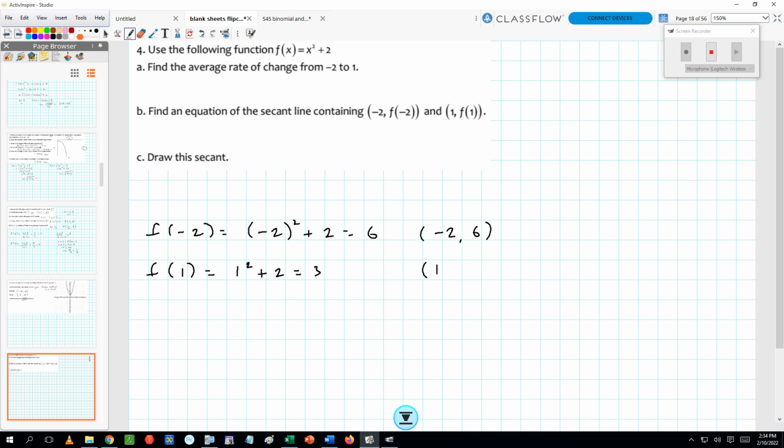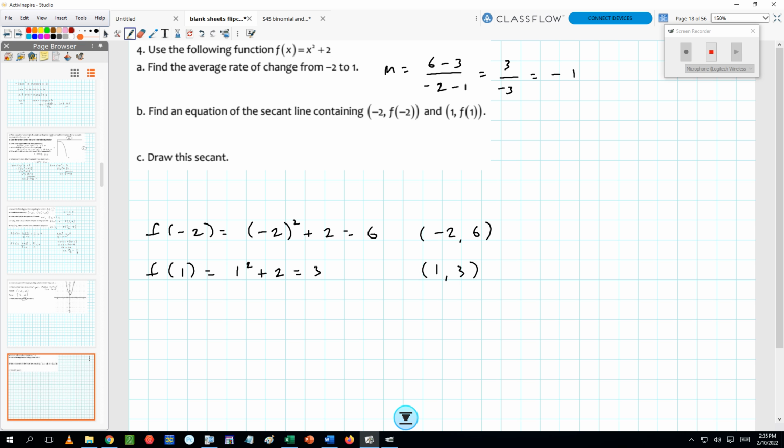So we have the point 1, 3. Your average rate of change is your slope. So m is equal to 6 take away 3 over -2 take away 1. 3 over -3. -1 is your rate of change.